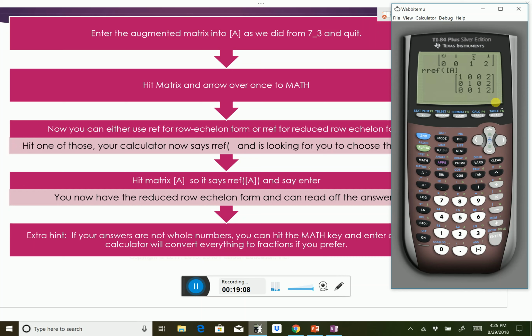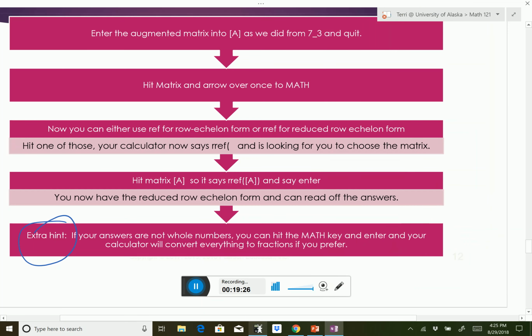I get the reduced row echelon form, which was the identity matrix over here, and everything was 2. And it's very, very easy for me to put that. Now you notice I put this extra hint in here, which was if your answers are not whole numbers, you can hit the math and enter, and it will convert everything to fractions so that when you write it down, it's a little cleaner.